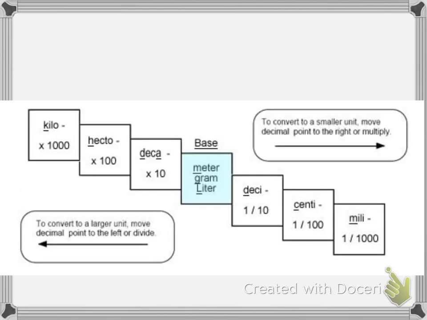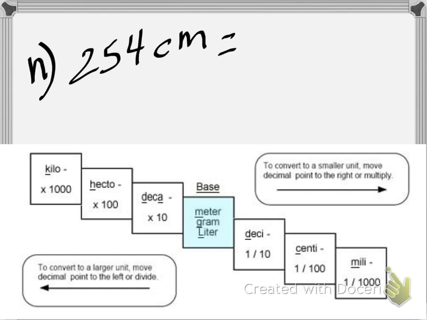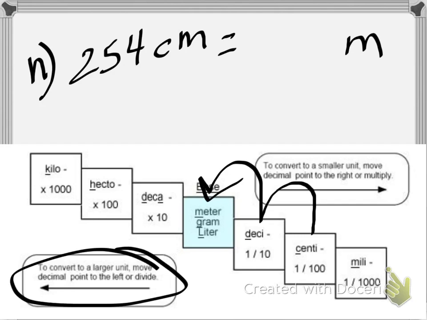Next, we're going to go ahead and look at N on page 10, 254 centimeters, and we want to change that into meters. So once again, we're starting with centimeters, which is here, and we're going to meters. So we're moving our decimal point this way, so either two places, so once again, 1, 2 places, or we can divide.